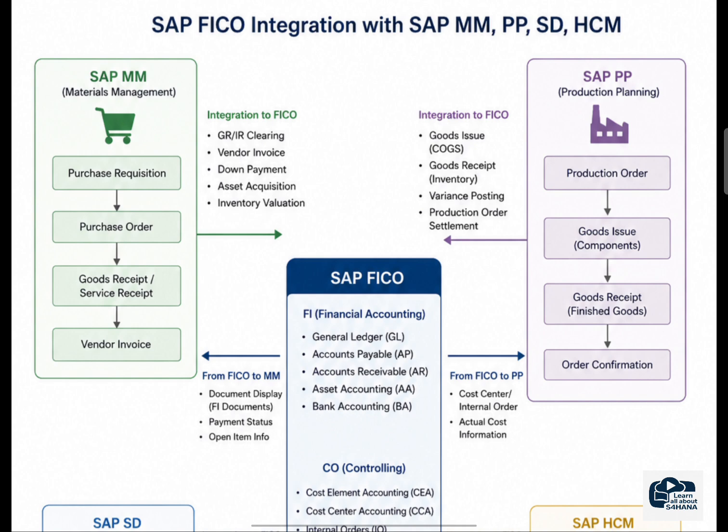So now the integration with FICO begins. The financial accounting entry is done automatically: the inventory account is debited and the goods receipt or invoice receipt clearing account is credited.